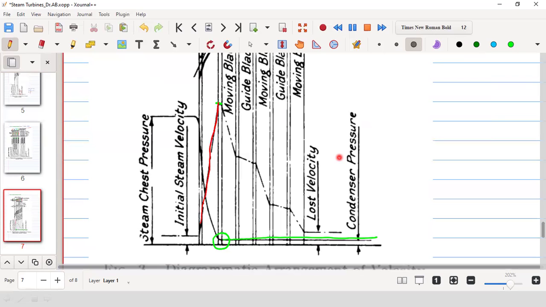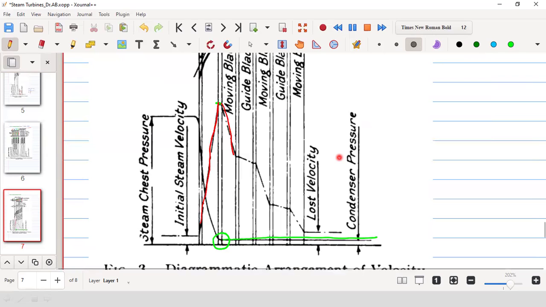Now what is happening here? What is that? This is a moving blade. First stage, moving blade. So during the moving blade interaction, as the kinetic energy or momentum of the steam is transferred to the blade, the momentum and kinetic energy of the steam will reduce definitely. So there is a reduction. Okay.